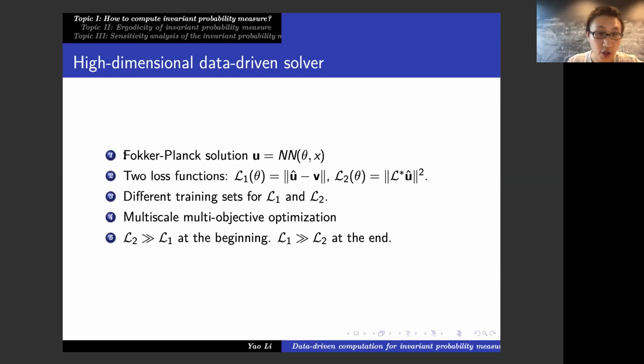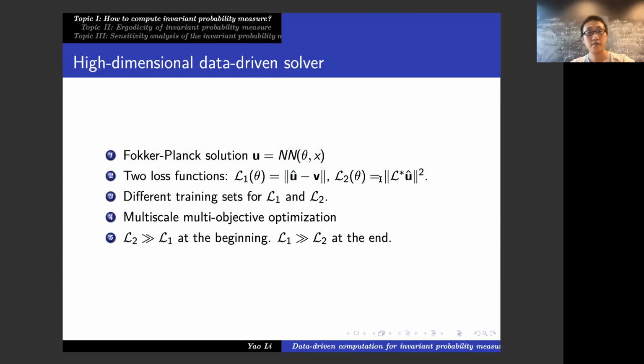Okay, so you have the Fokker-Planck solution. You use a neural network to approximate it, and then there would be two loss functions. One loss is u hat minus the data, and the other one is L star, the adjoint operator, acting on u hat.